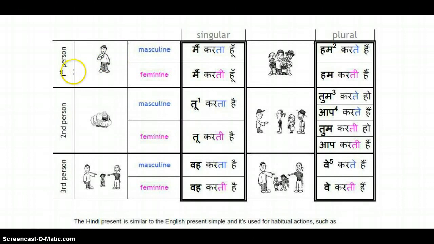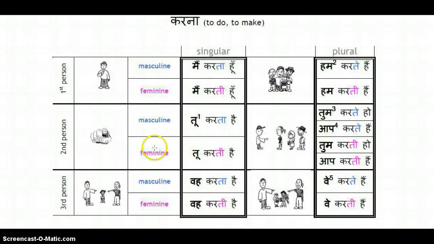So for all other tenses other than hona, I will make a distinction between the masculine and the feminine. So first person singular, the masculine is मैं करता हूँ. The feminine is मैं करती हूँ.